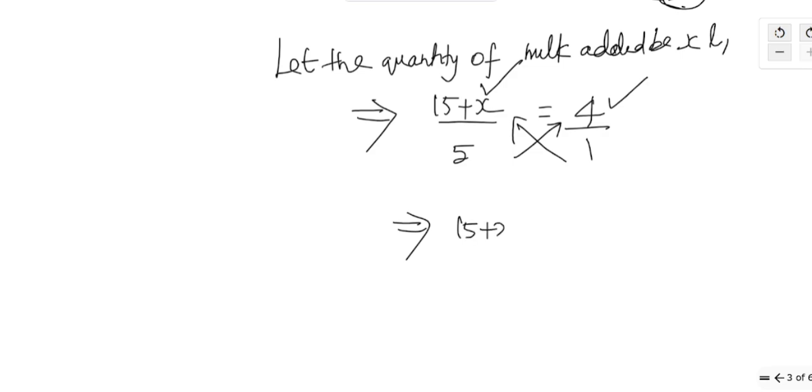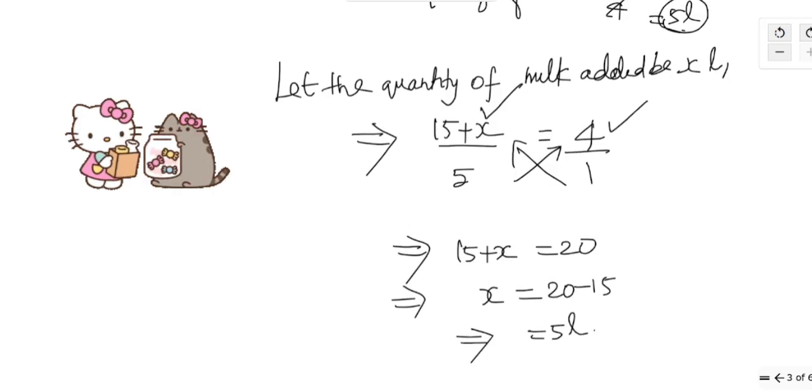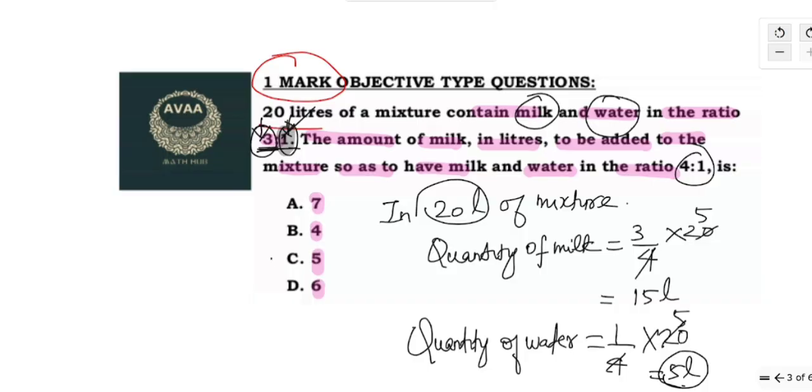So 15 plus X is equal to 20. So this 15 moves on to the other side, so that becomes 5 liters. So how much quantity of milk is added here? 5 liters. That means option C is the right answer.